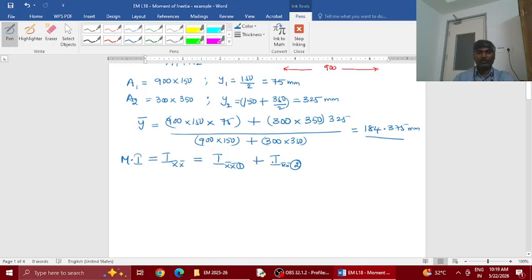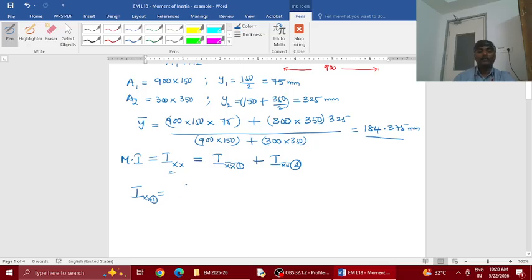We need to add these two to get this value. Let us find each individual I value. You are not writing it as x line, so you are mentioning it as just x. So Ix of the total figure is equal to, first find Ix of 1.